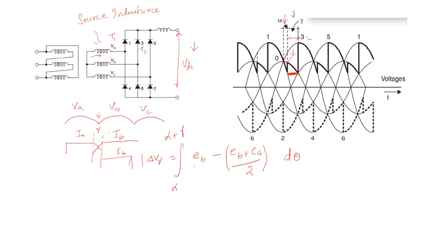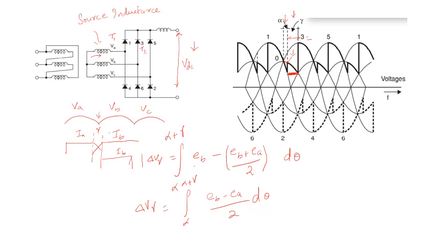Okay, so if you put the values, integration alpha to alpha plus gamma, add these two, you will get EB minus EA by 2, right? Open the bracket, operate it, you will get this delta V gamma.